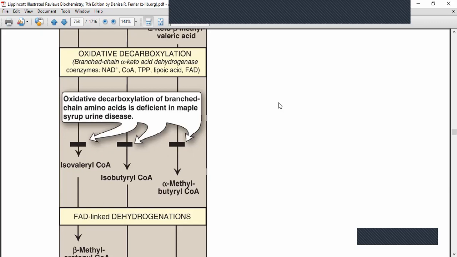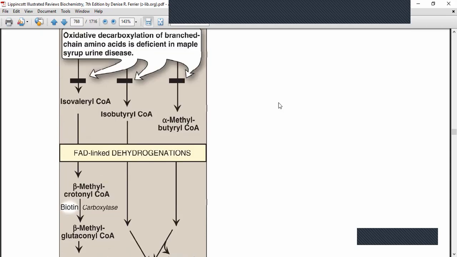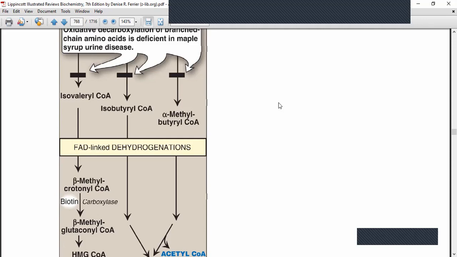Now, these acyl CoAs will undergo further dehydrogenation. After forming these acyl CoAs, we will follow the steps we followed when carrying out the beta oxidation of fatty acids. We have already formed the acyl CoAs. So remember the first reaction we were carrying out.